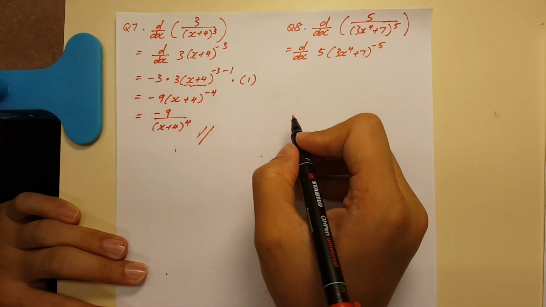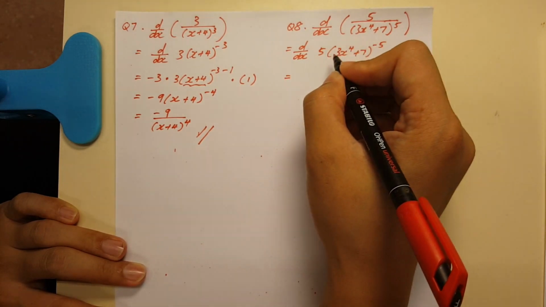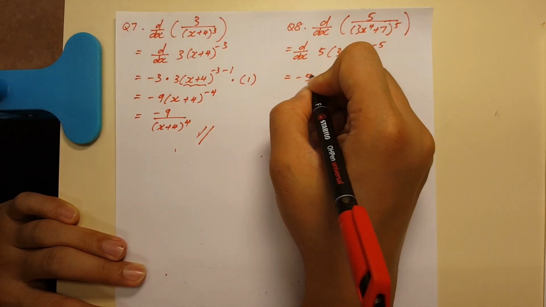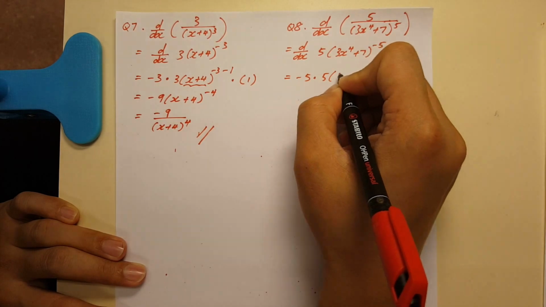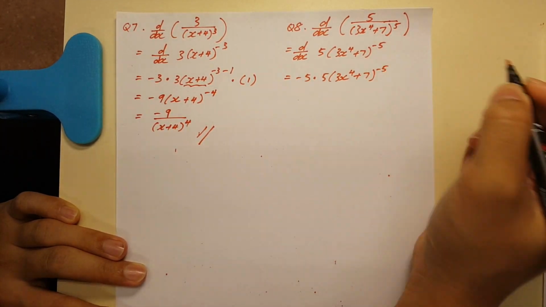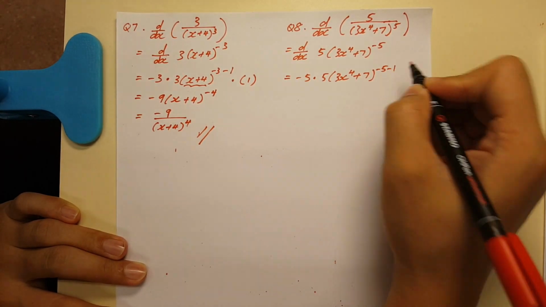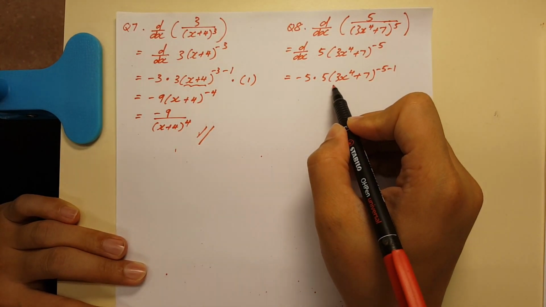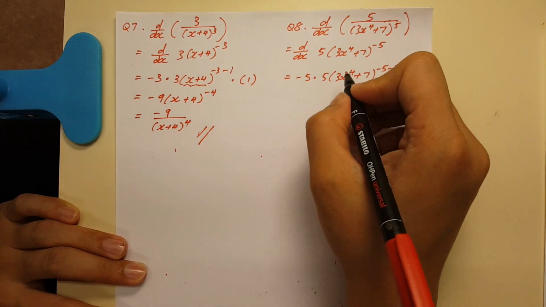Same 3 steps, right? You're going to bring down the power, which is minus 5. Everything remains the same. I'm going to reduce the power by 1, and multiply by the differentiated content inside here.